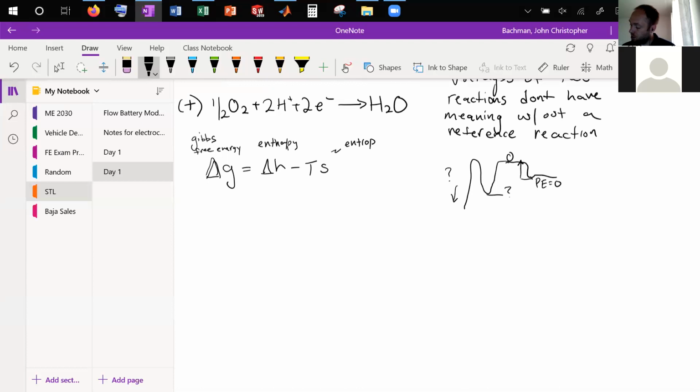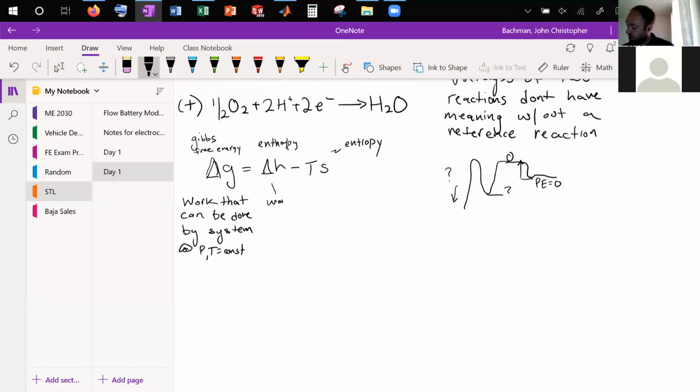And that's absolute temperature. And so this is the work that can be done by a system at constant pressure and temperature.